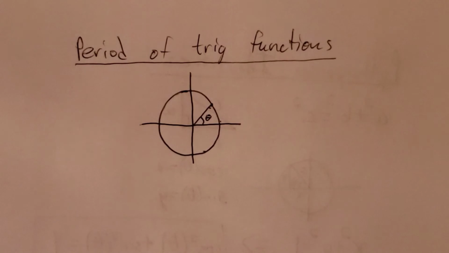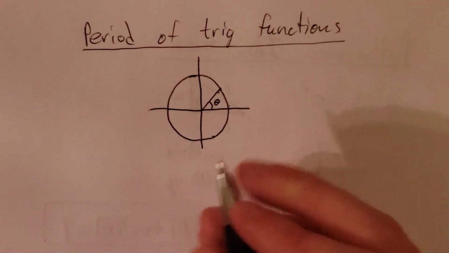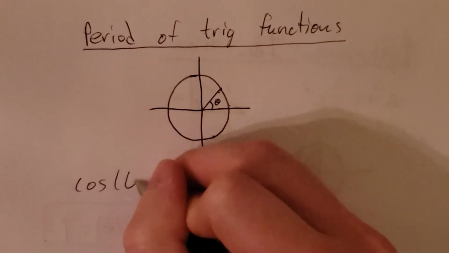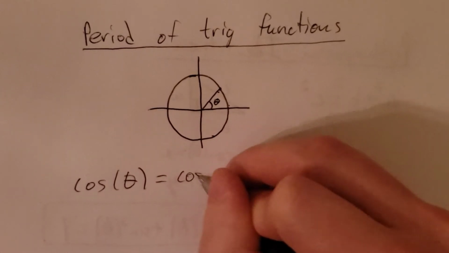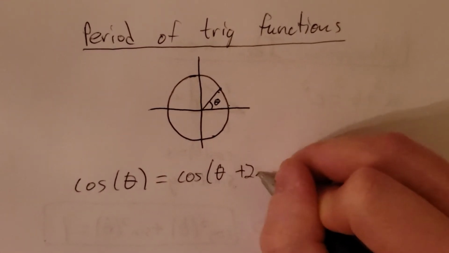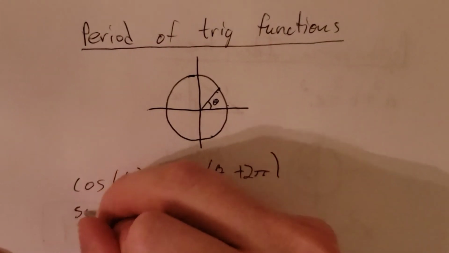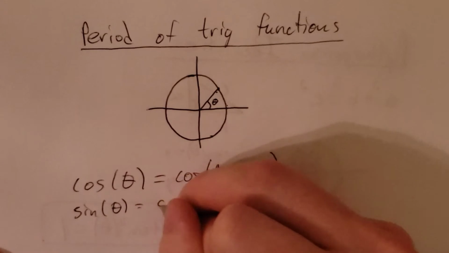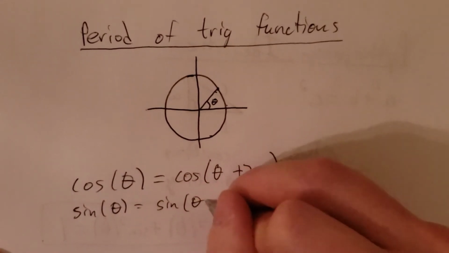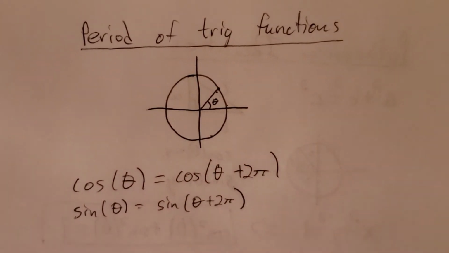Now specifically, the period is the smallest value where that happens all the time. And in fact, 2 pi will be the smallest value where that happens all the time. So what we can notice is that cosine of theta is equal to cosine of theta plus 2 pi, no matter what the original theta was. Similarly, sine of theta is equal to sine of theta plus 2 pi, no matter what that original theta was.